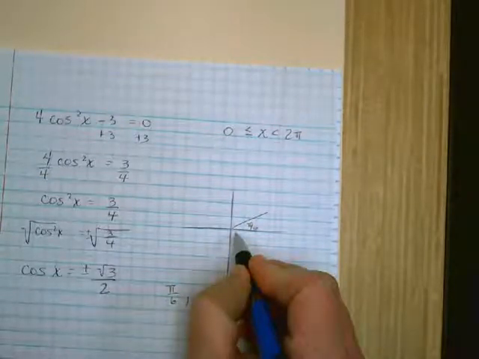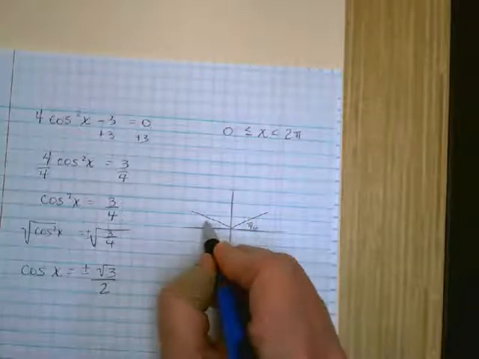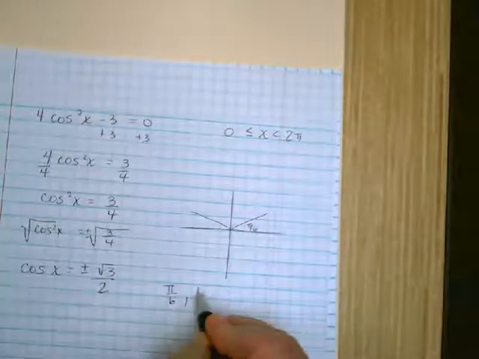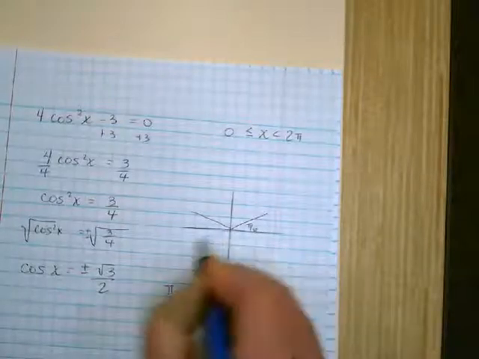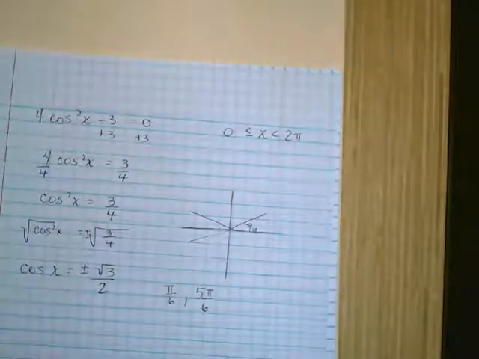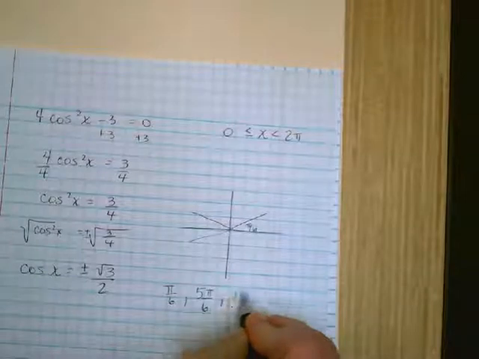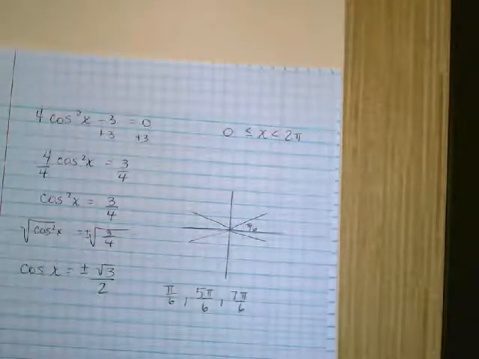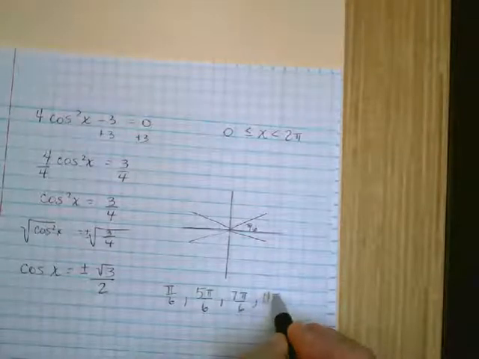When I am over here, I am 1 pi over 6 away from pi, so that puts me at 5 pi over 6. When I'm here, I'm 1 pi over 6 past, which gives me 7 pi over 6. When I'm here, I'm 1 pi over 6 short of 2 pi, which is 11 pi over 6.